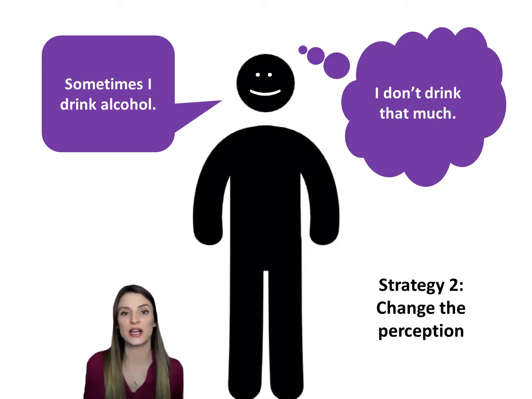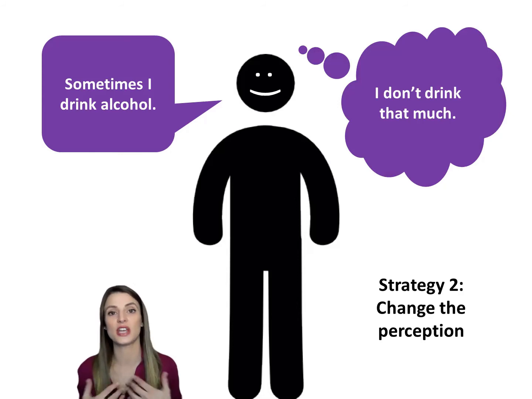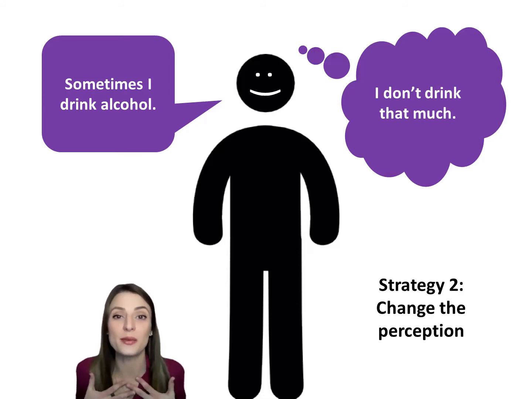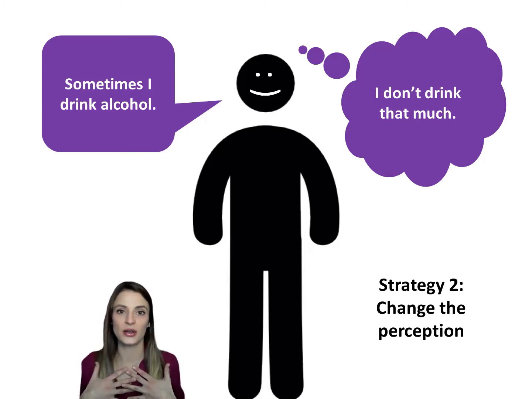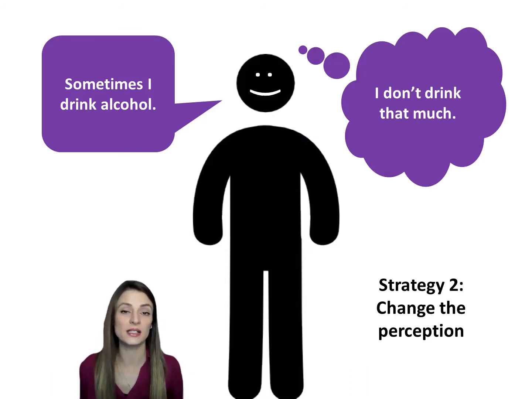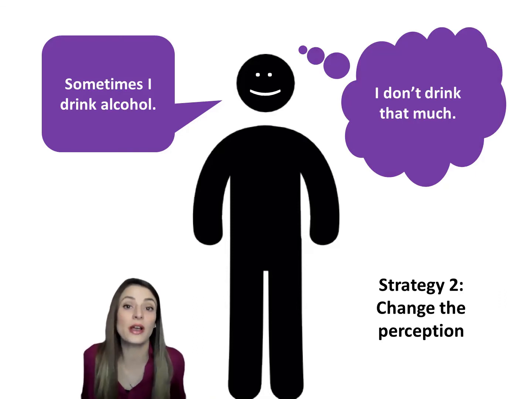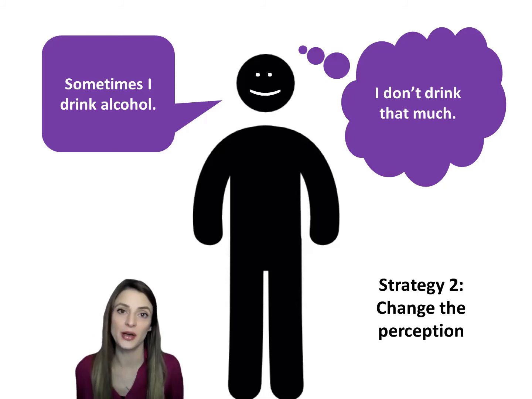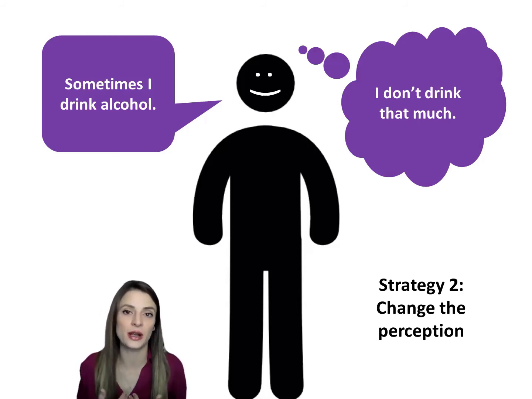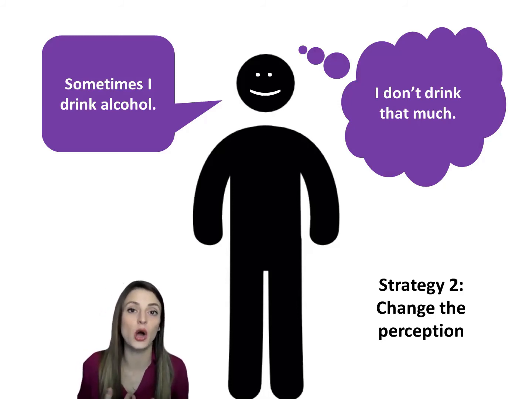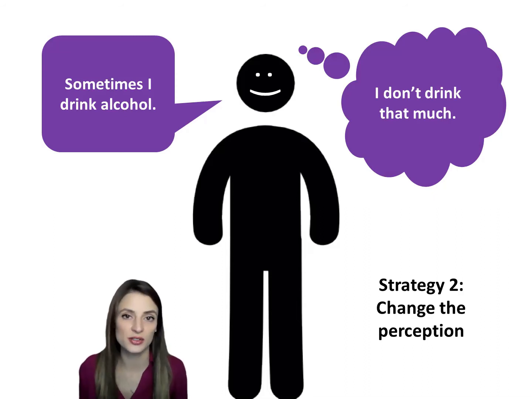The first strategy is to change the attitude about the behavior. The second strategy is to change how we think about how we perform the behavior. For example, the person in this example might decide that they don't drink all that much. So this tension isn't a problem because their perception of their own behavior changes.